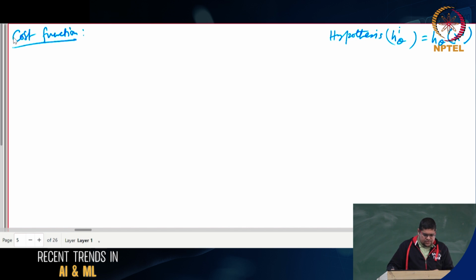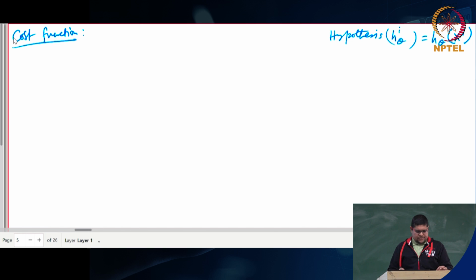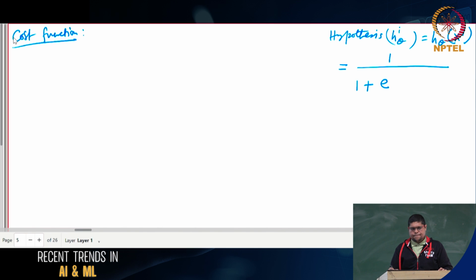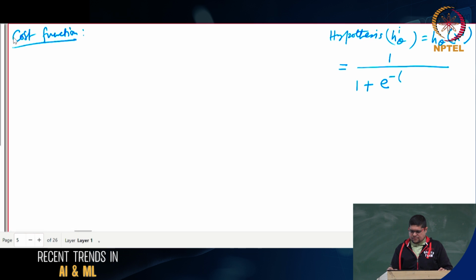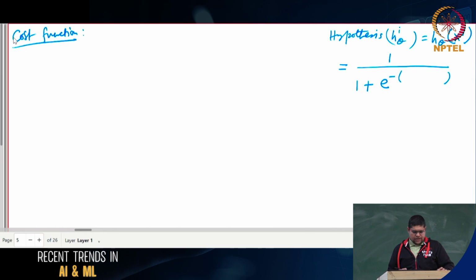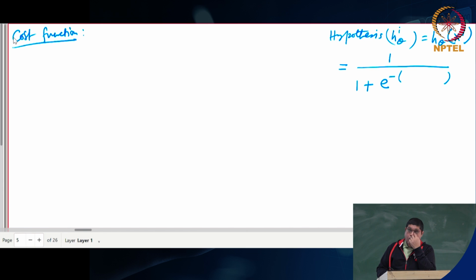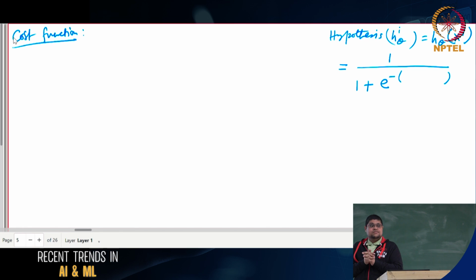So this thing is equal to 1 by 1 plus e to the power minus of, what will I write here? Remember the sigmoid formula: 1 by 1 plus e to the power minus z.